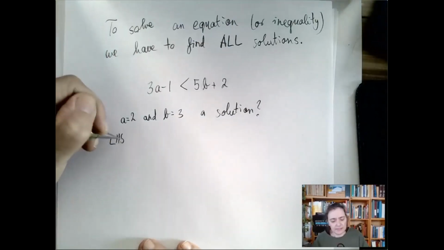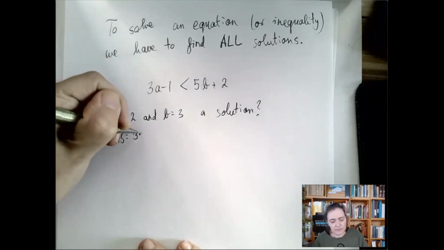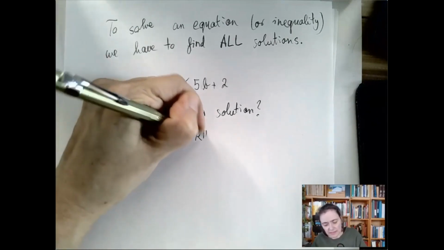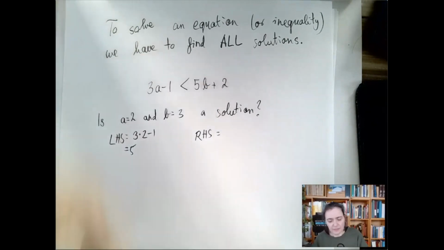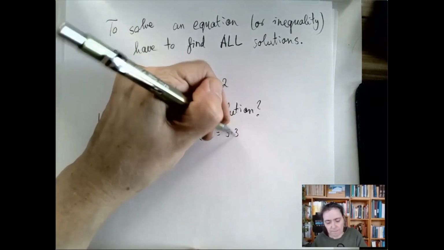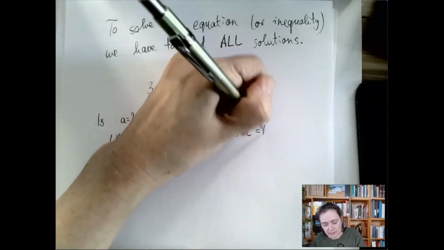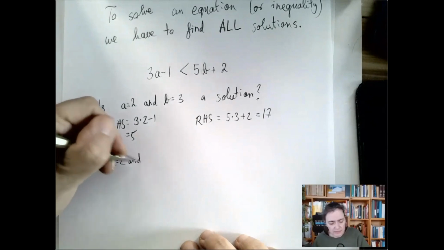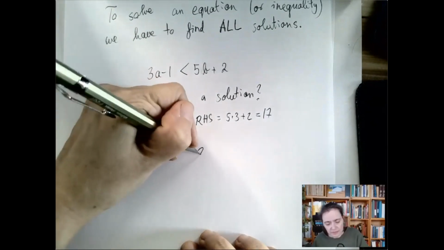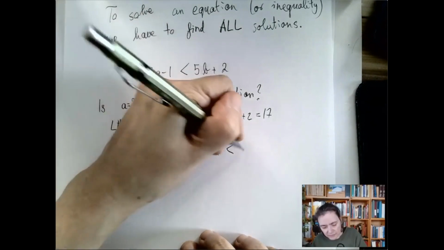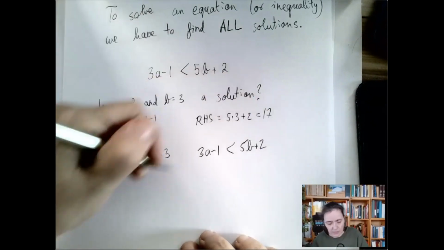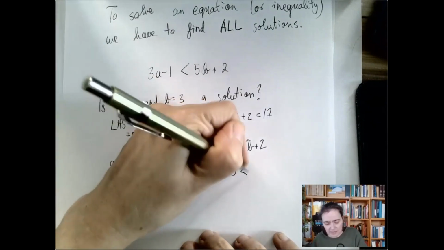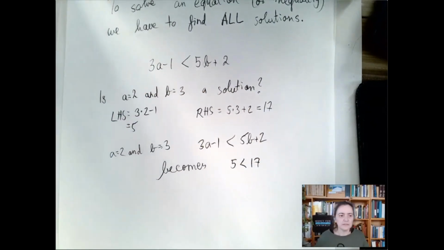Well, the left-hand side, 3a minus 1, is 3 times 2 minus 1, that's 5. And the right-hand side is 5 times 3 plus 2, which is 17. So if a is 2 and b is 3, then 3a minus 1 is less than 5b plus 2 becomes 5 is less than 17. Is that a true statement?